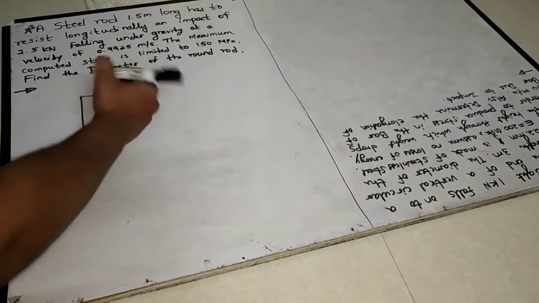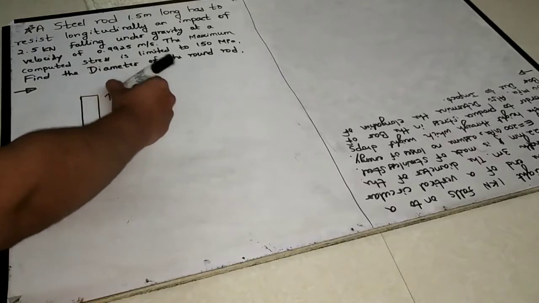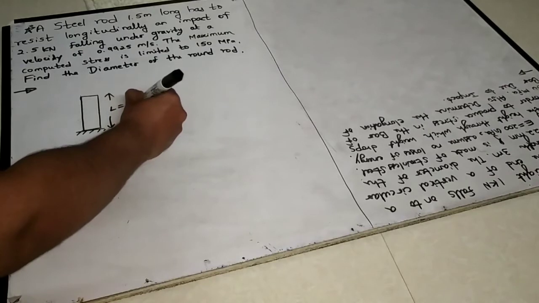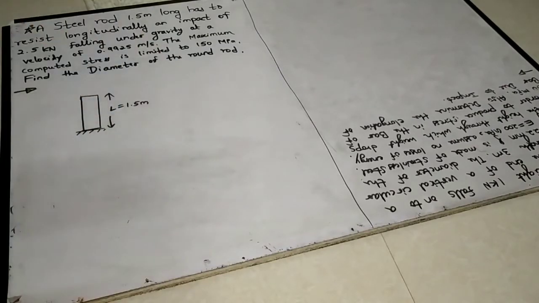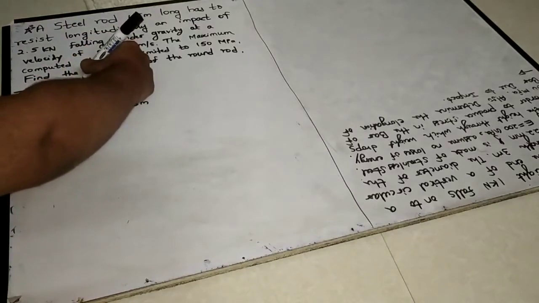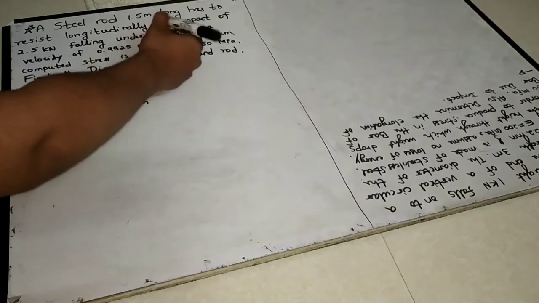Okay, and this is having a length L equal to 1.5 meters, suppose, has to resist longitudinally an impact of 2.5 kilonewton. So some weight is falling, right?